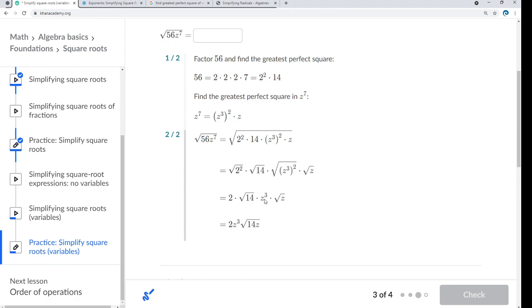So then we move everything over, and then you have 2 times z to the third times the square root of 14 times z. So it's like, I get it. I get this, but how they arrived at it, this is where I need to figure this out.